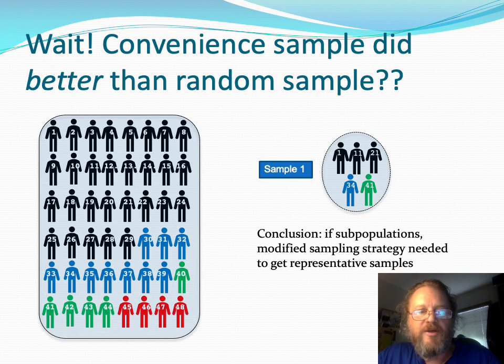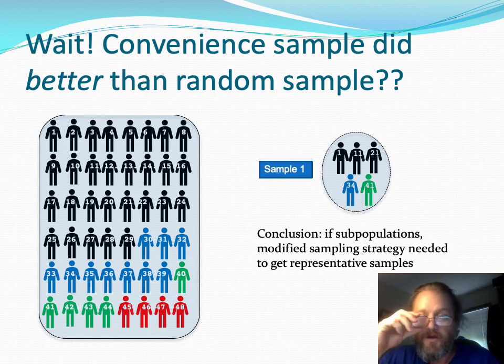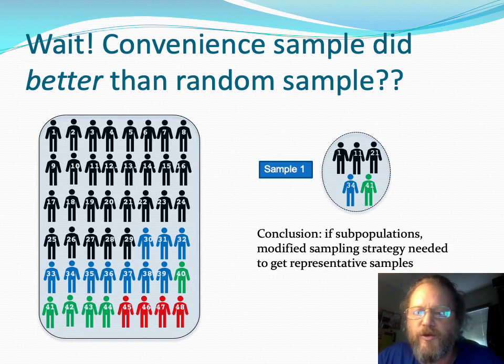You have subpopulations, so you're probably going to have to modify your random approach. You can't treat it all as one population. You would have to sample by proportions in order to get a representative sample. So something between a convenient sample and a truly random sample is what you're going to have to do.